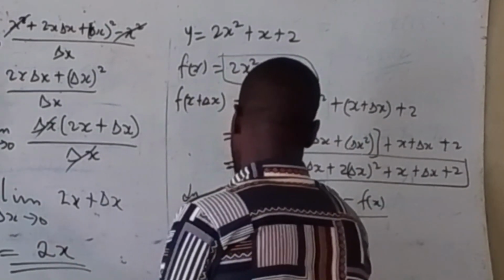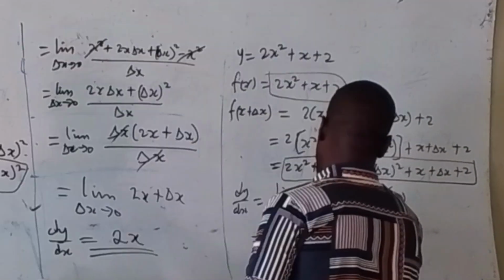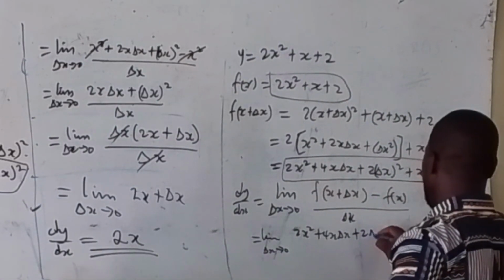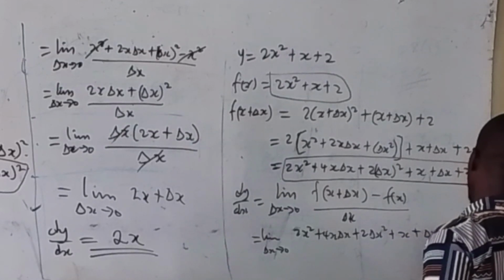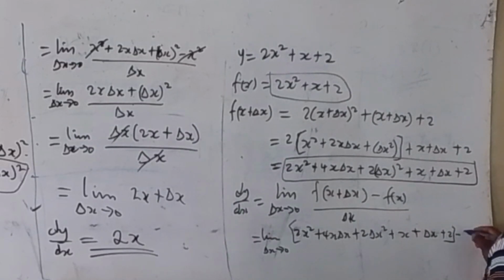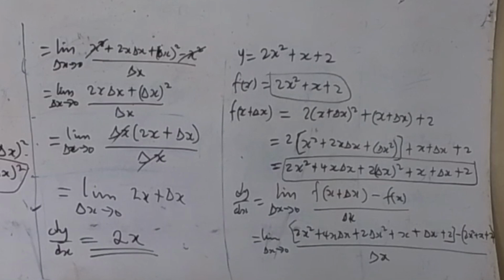That's going to give us limit as change in x tends to 0, 2x squared plus 4x change in x plus 2 change in x squared plus x plus change in x plus 2 minus f of x, 2x squared plus x plus 2, all over change in x. Are we on the same page?